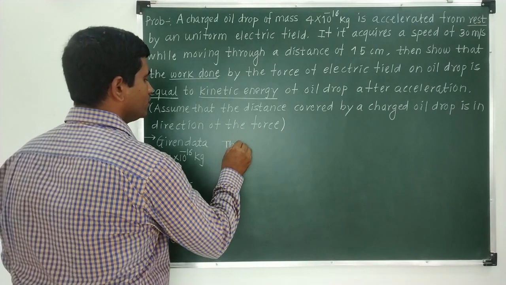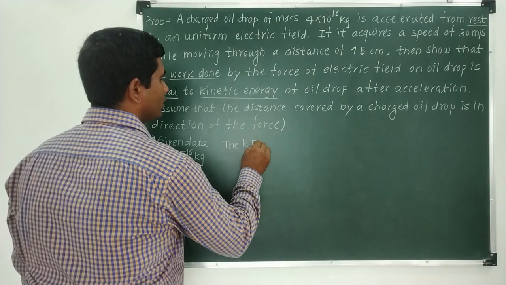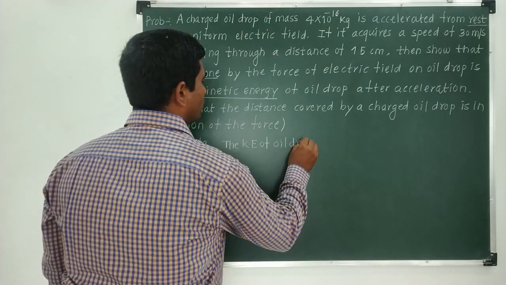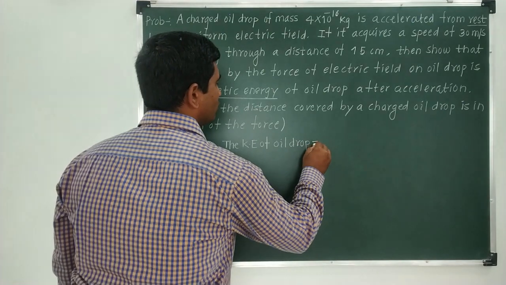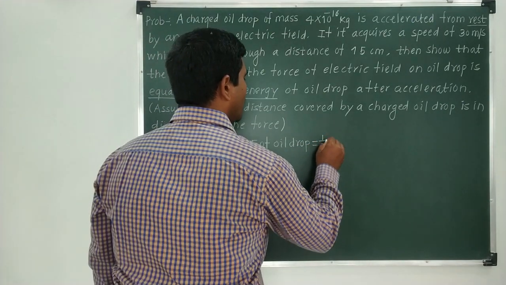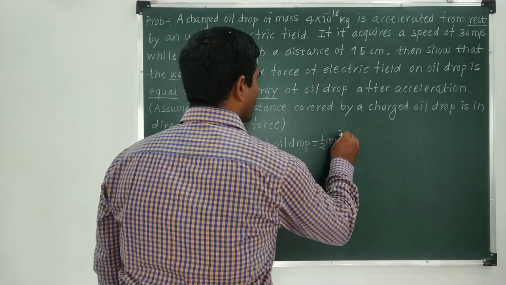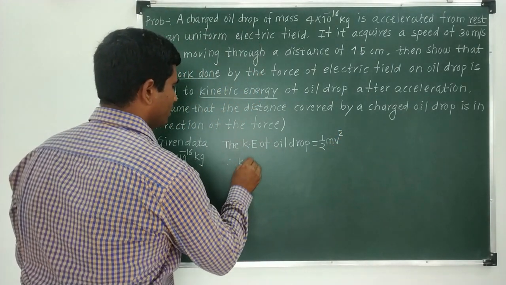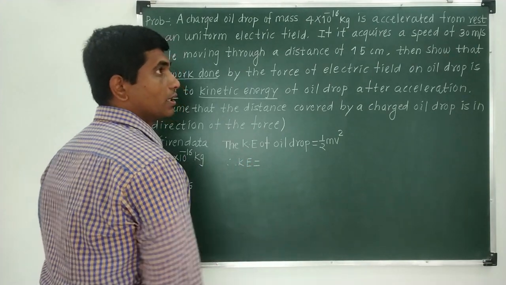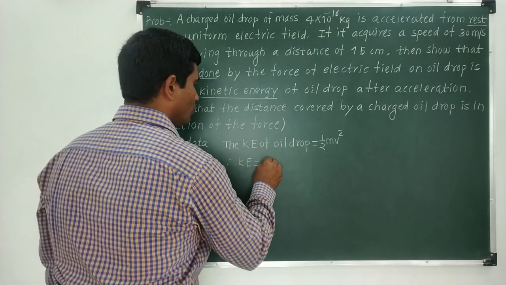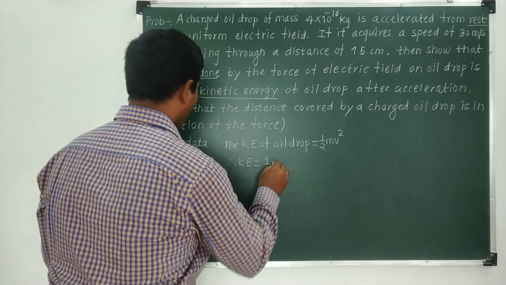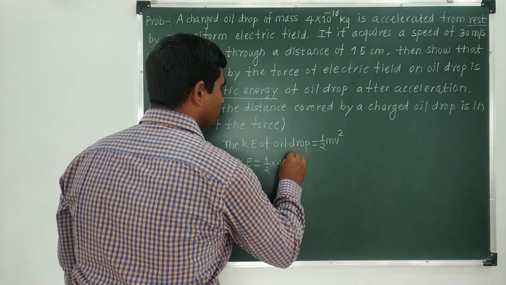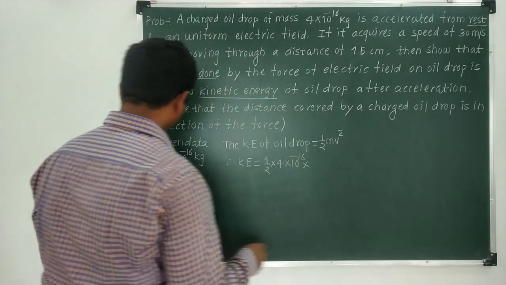The kinetic energy of the oil drop is equal to 1/2 mv square. So therefore kinetic energy is equal to 1/2 into mass of the oil drop, 4 into 10 raised to minus 16, into v square.